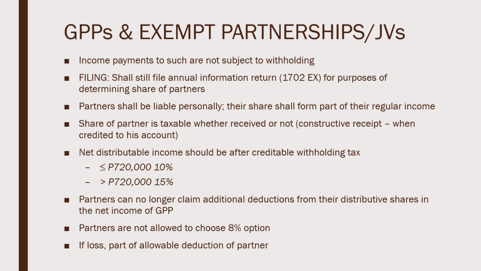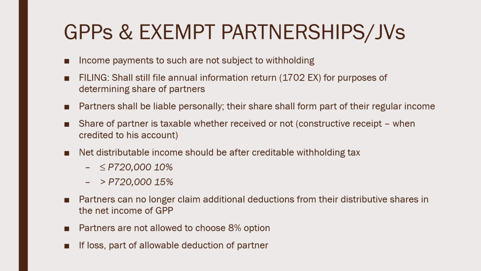Partners shall be liable personally, and their shares shall form part of their regular income, or part of the computation of their net taxable income. Share of the partner is taxable whether received or not. This is where the concept of constructive receipt comes in, and the partner is immediately taxable when his share is credited to his account.